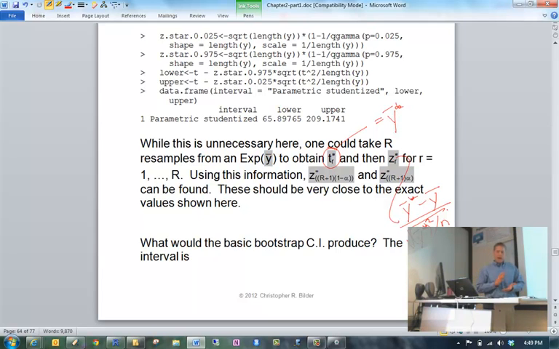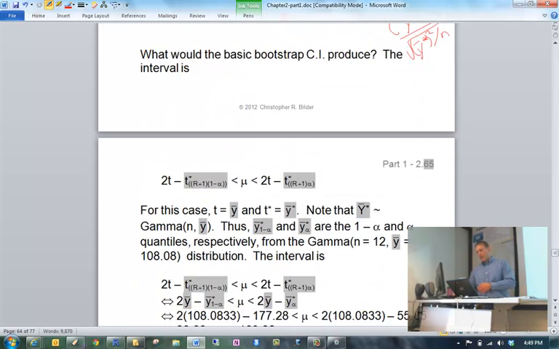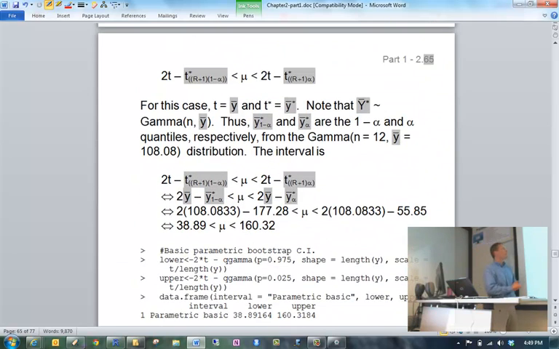Okay, well, what would happen with the basic bootstrap confidence interval? Here's the formula, as we've seen before. Now, this is the formula that we would use with actual resamples. But in this particular case, we know the exact distribution of T star. Y bar star is distributed gamma n y bar. We've seen this before in previous problems.